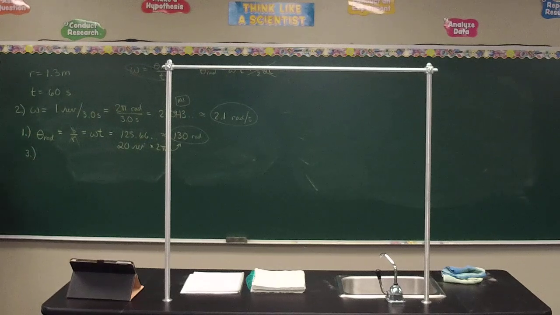Though it's not from me to you, it's round and round in a circular path. If instead of a straight line path, I curve that path along a circle, we now call that distance an arc length, don't we? You could say D for displacement, you could say S for arc length, which it technically is. I don't really care. The linear displacement is always going to be equal to angular times radius. Angular, which we just found, we still have it on the calculator maybe, times radius.